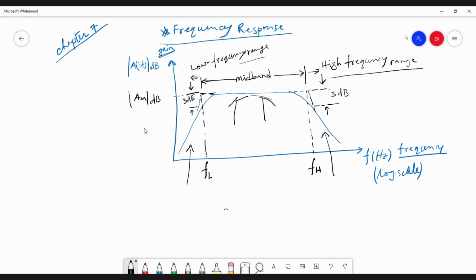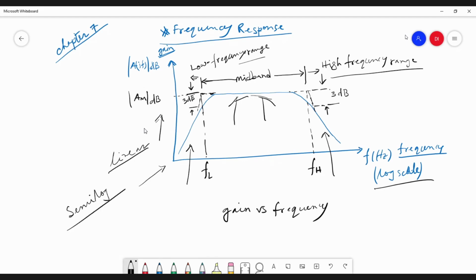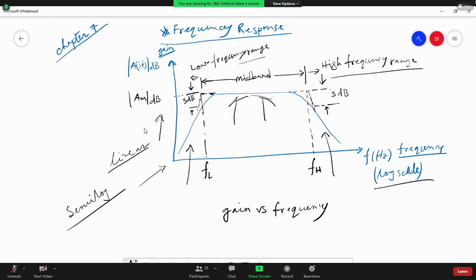So this is gain versus frequency. Since this scale is linear and this is log scale, this plot is sometimes called a semi-log graph.